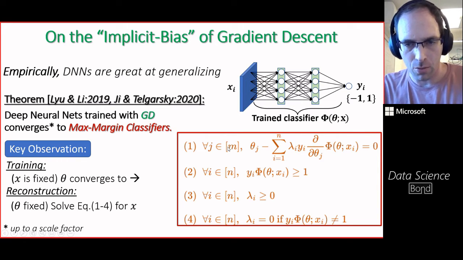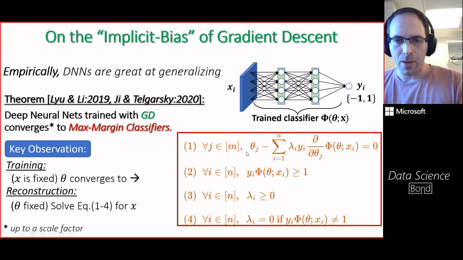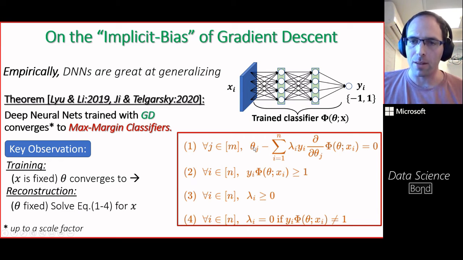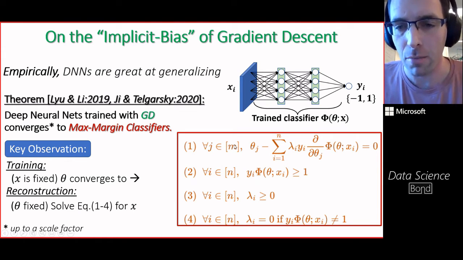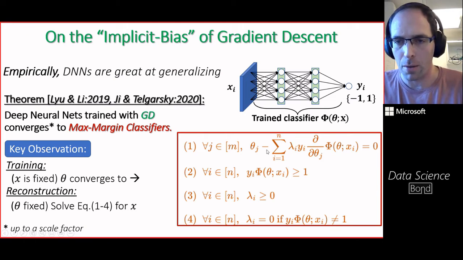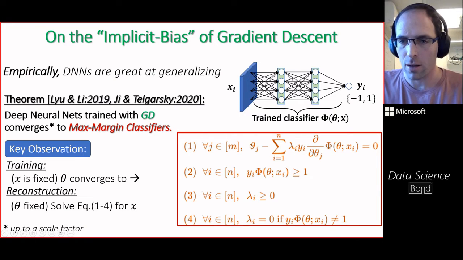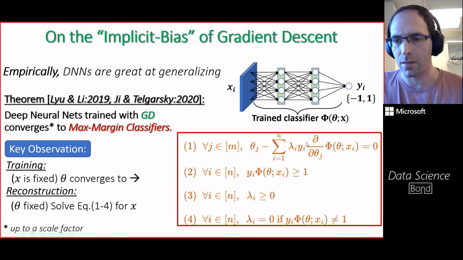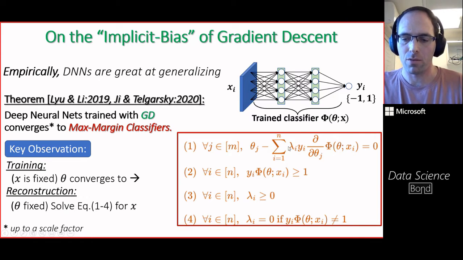Maybe I didn't tell you what it means. For each scalar parameter in your model, say we have 1 million of them, M is 1 million. You have 1 million equations which relate each parameter of my model to my model phi of theta and x. It has some derivative here, it has the label, and it has this funny thing lambda that at the moment you don't understand.